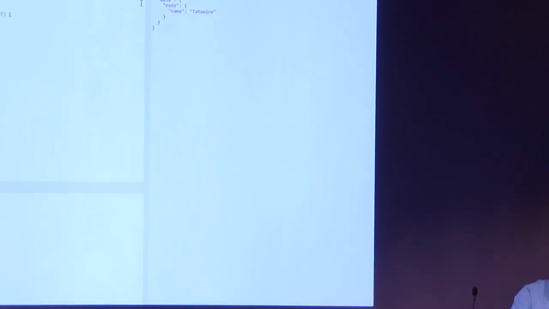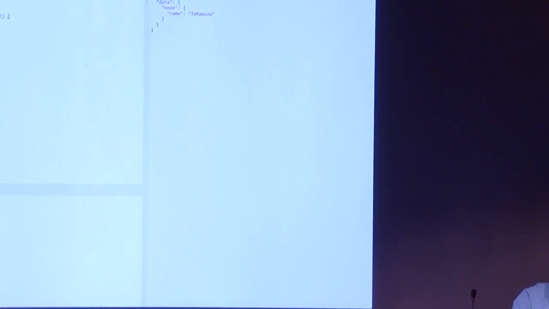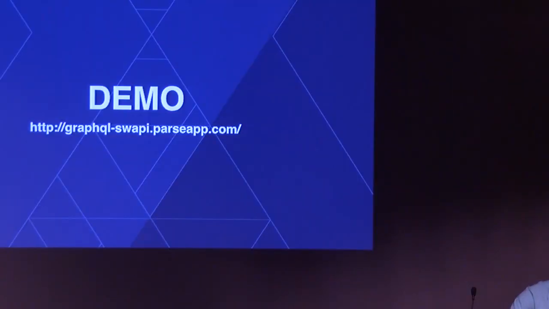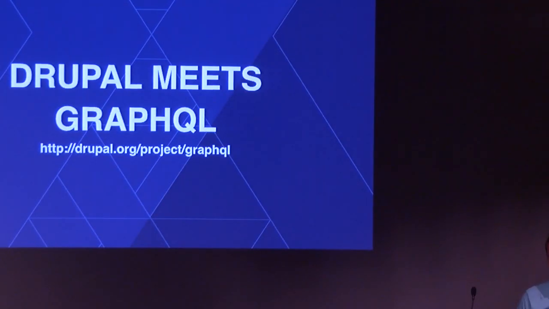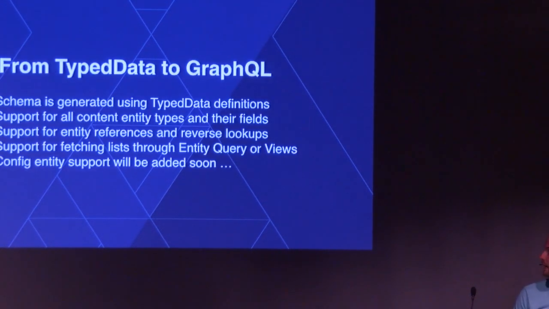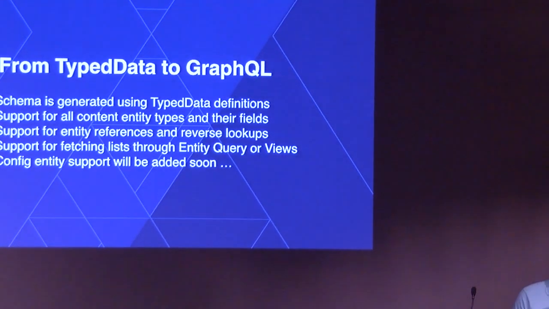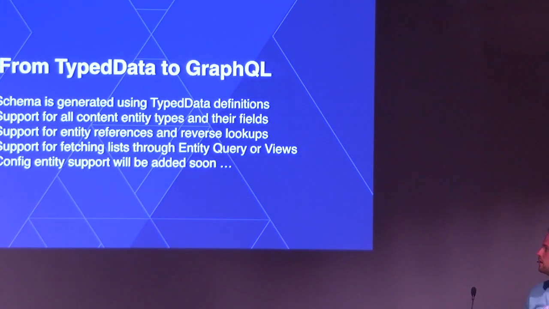The module is not going to support mutations yet, but it is going to support relay. It is going to support all content entity types and their fields. It will not support config entities at this point because the entire thing is based on type data, and it's currently quite painful to make that work with config entities.